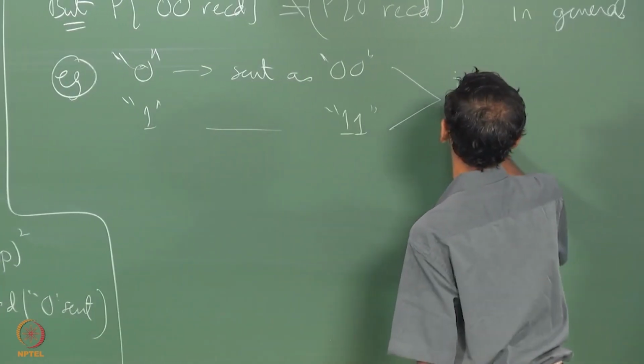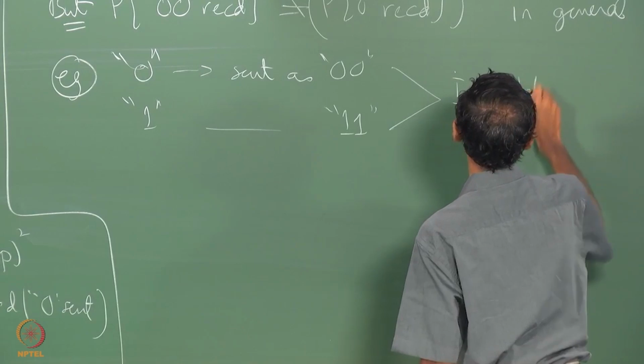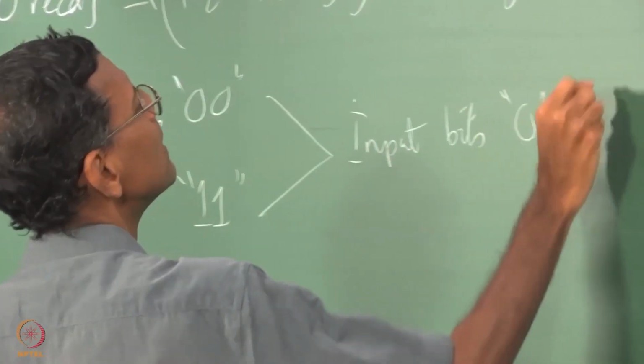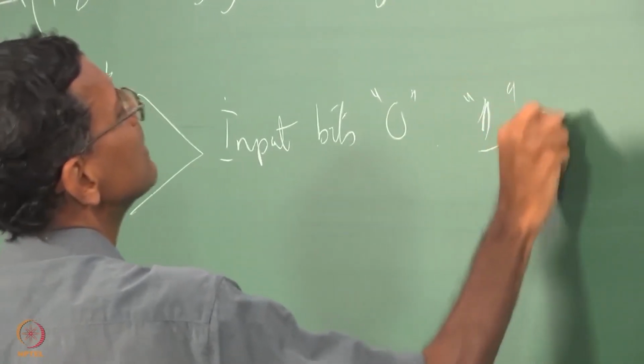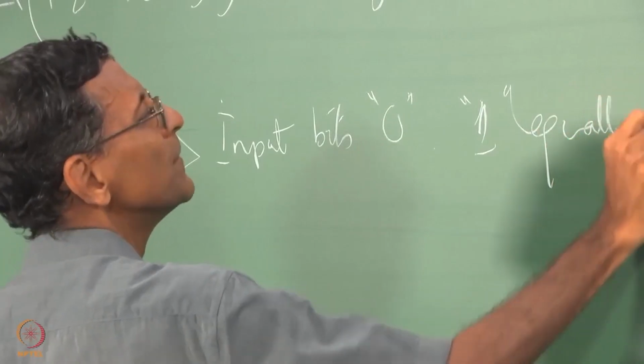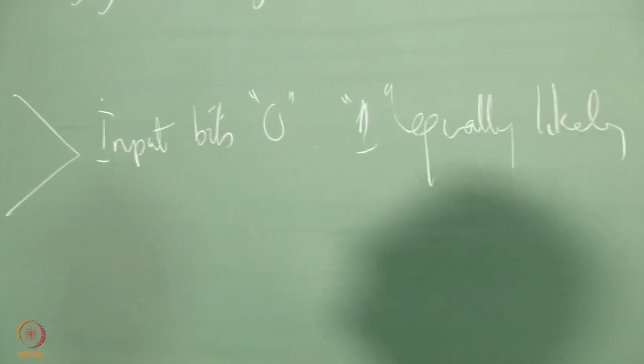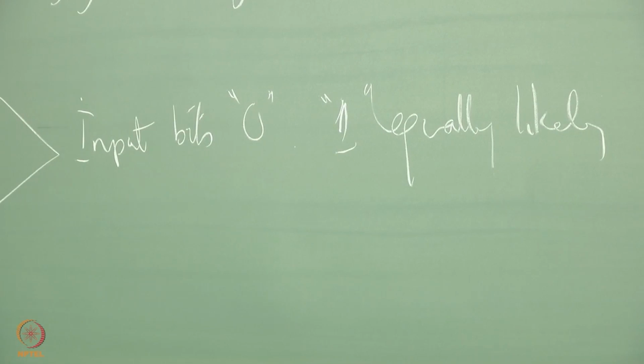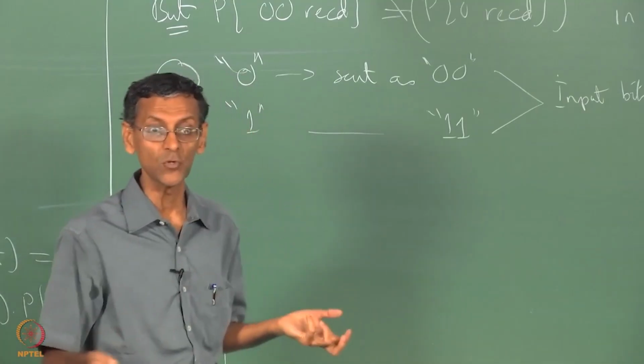Now, supposing your 0 and 1 input bits are equally likely, that is, the probability is half. Then what is the probability of receiving a 0 with just one use of the channel?